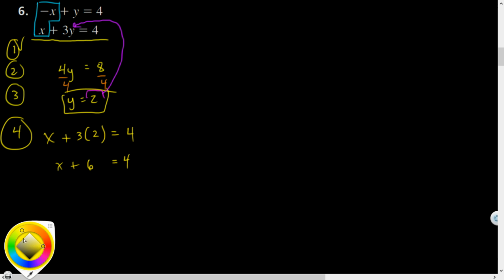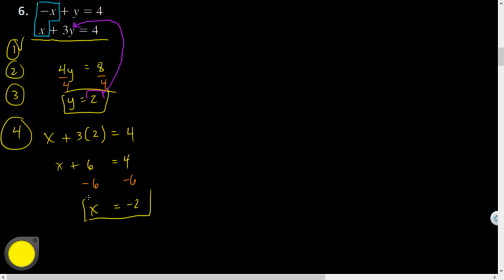I have a feeling x is negative. x equals negative 2. Voila. Not that bad. So I can write that as an ordered pair: negative 2, comma 2.